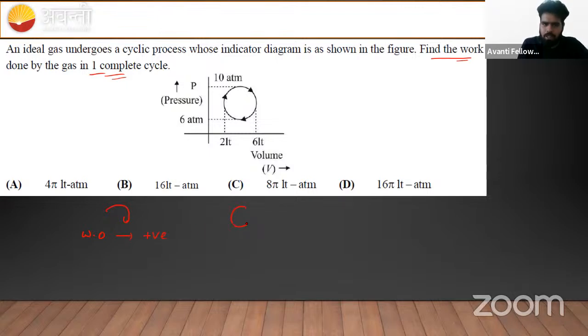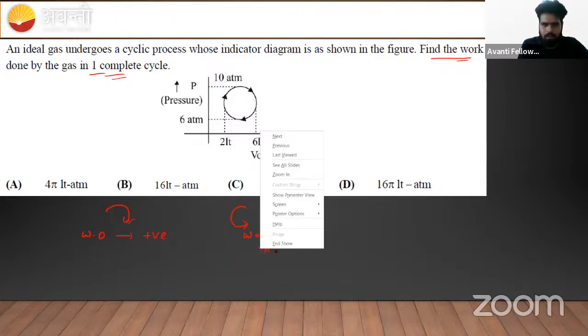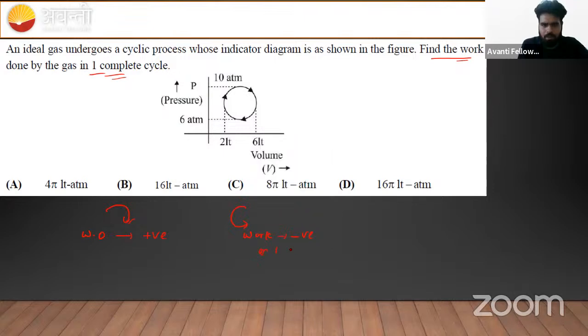If the loop is in the anti-clockwise direction, then this work transfer will become negative. So in this case it is work done on the system, and here we can say work done by the system.